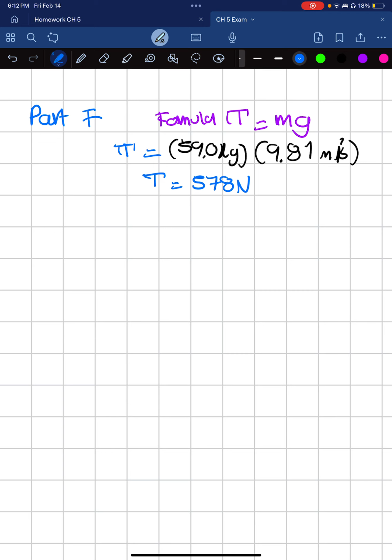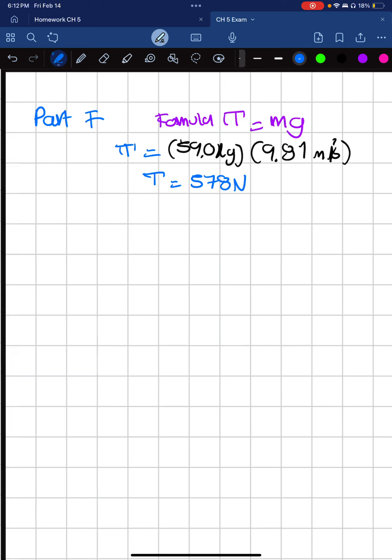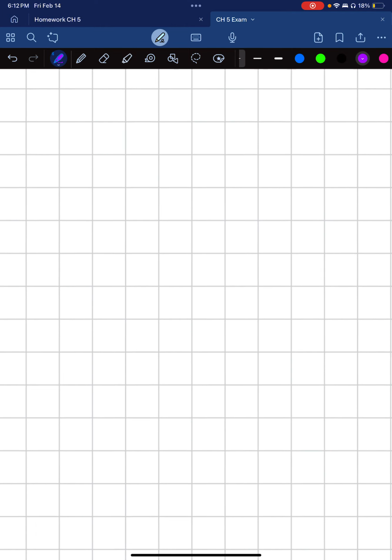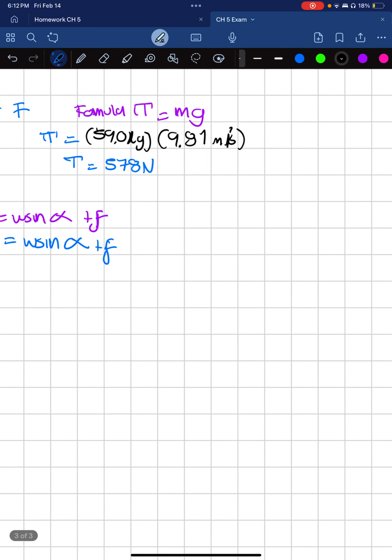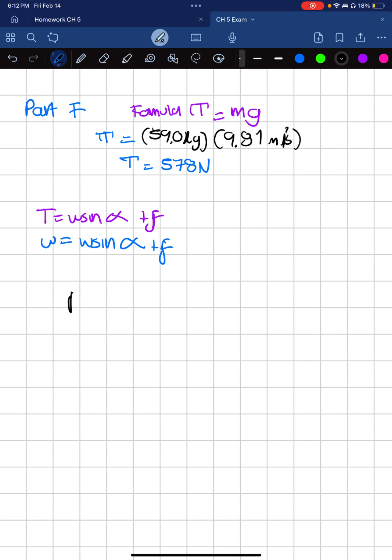So let's see what we have. In the question they gave us that the tension is going to be in the y direction along with the friction force, and that the weight is going to be in the y direction as well along with the friction force, because they equal the same. So now we have to solve for the friction force, which is what they want us to do in this case.